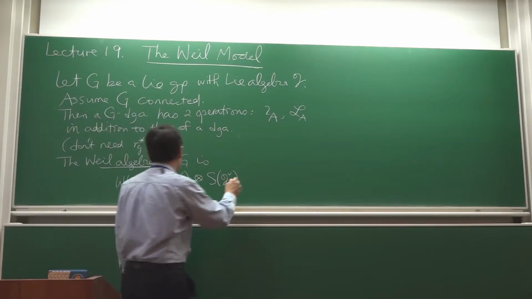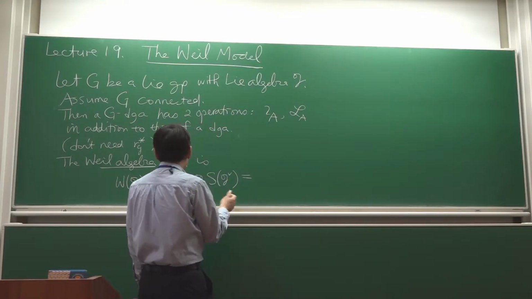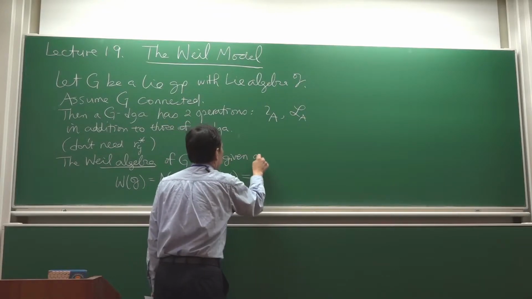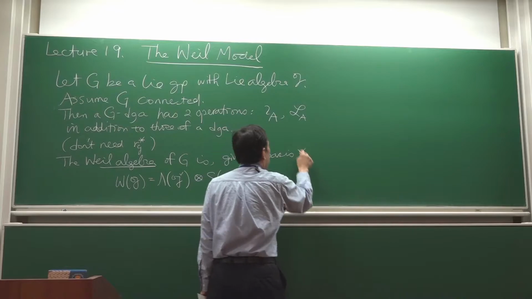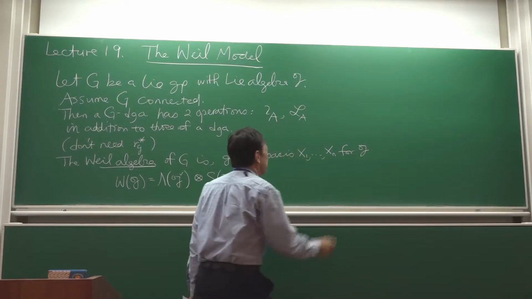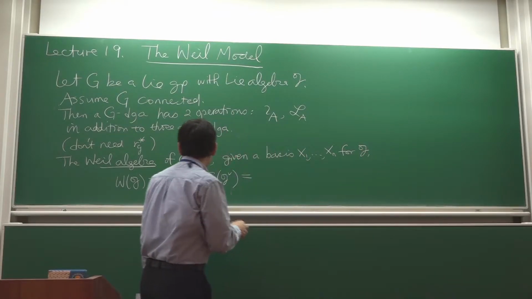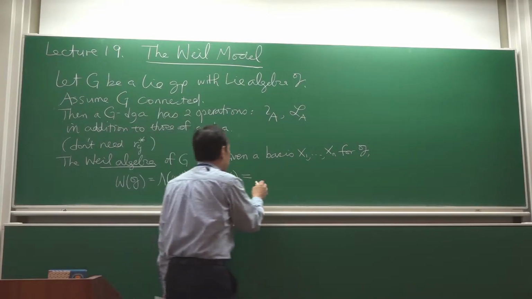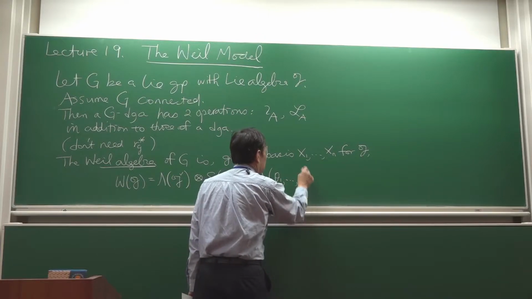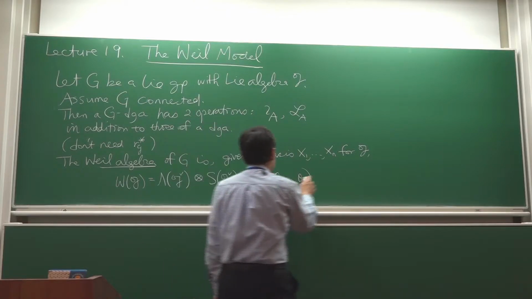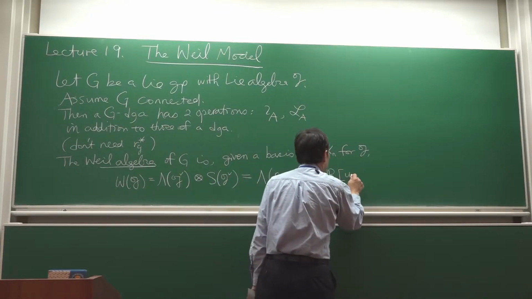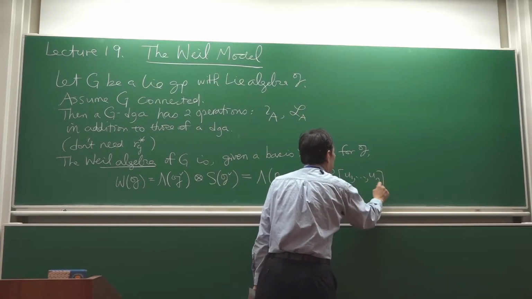Okay, and in terms of a basis, so given a basis x1 to xn for the Lie algebra, then we write the basis in the exterior part as theta 1 to theta n, okay? And then we write the basis for the symmetric part as u1 to un, okay?